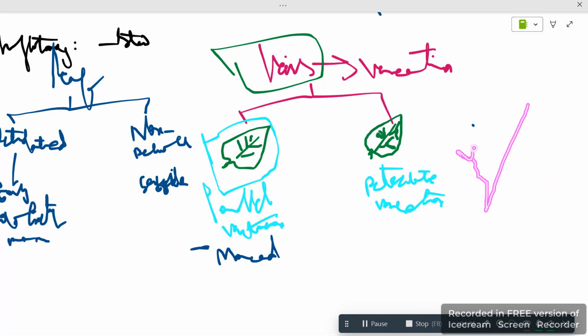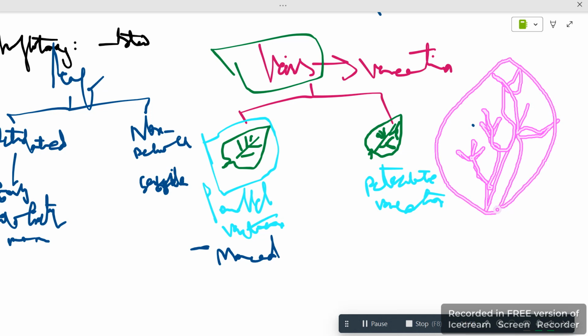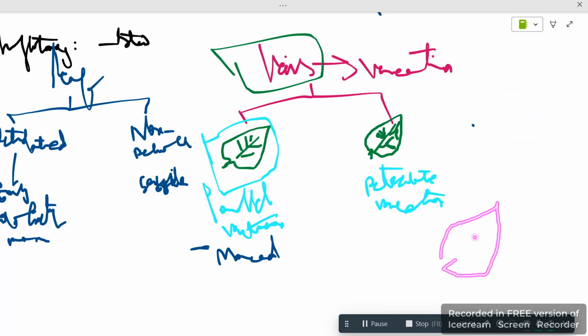Here this kind of structure would be seen, like one stem. Then you'll find another structure like this. In the middle you'll again see the branches going separately, and this is the leaf of reticulate venation. Whereas when you see that one, that's a simple arrangement, only one, that is parallel, monocot.